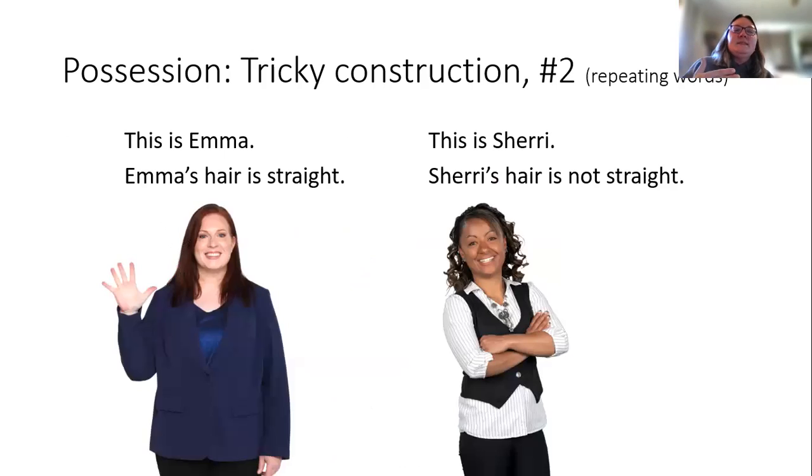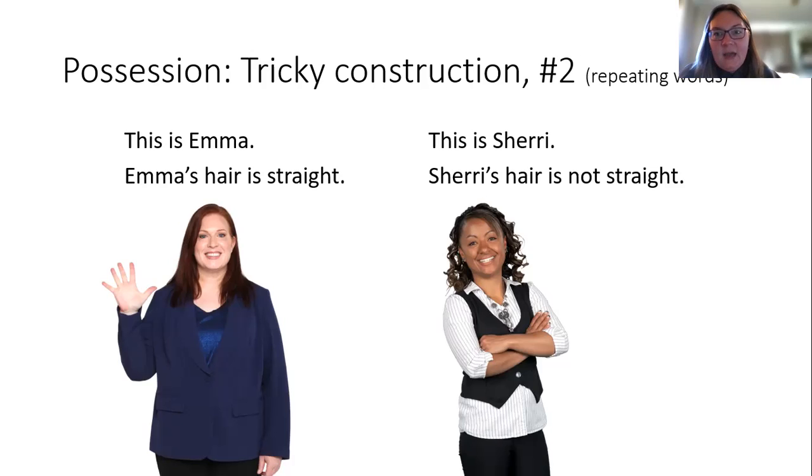So let's take a look at tricky construction number 2 with possession. This construction has to do with repeating words, words that we would say over again. And so how can we make our sentence simpler so we're not using the same words over again?